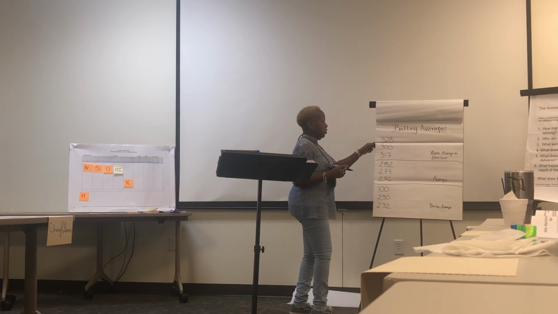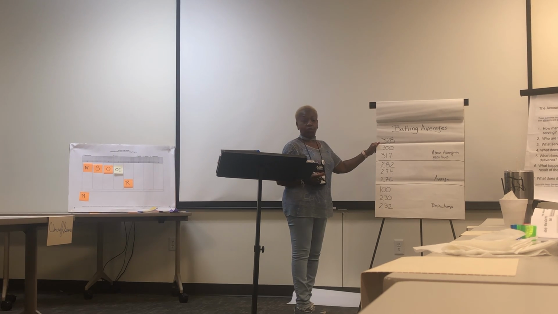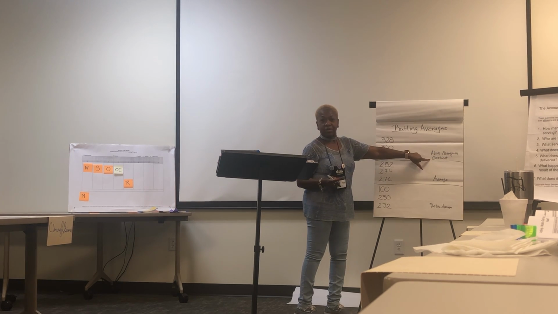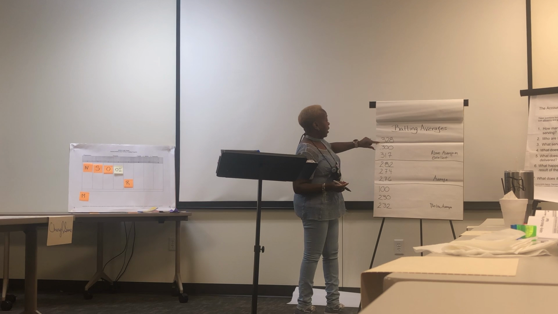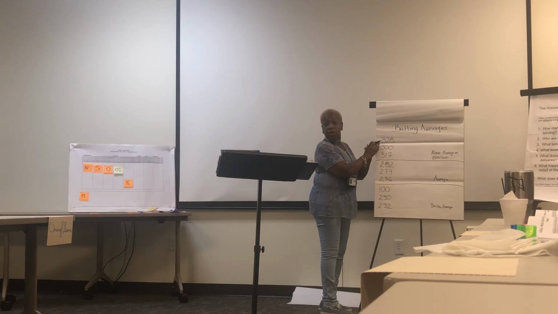So what we're going to do here, we're going to find a percentage. Remember, anything above 300 is going to be an excellent batter. So if we pull right here 328, if you got 328, this is the number of times they got on base.